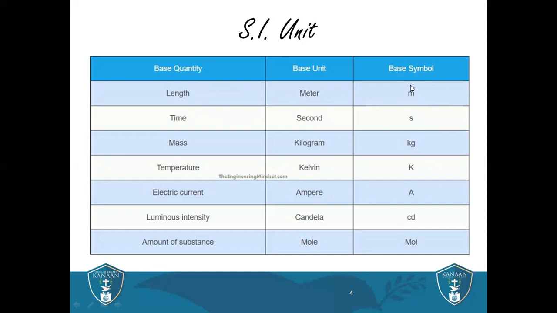That's why you need to focus on the capitalization and how each letter and each base unit pairs up. Meter is small m, second is s, and so on. These are called base quantities for a reason, because base quantities are the basis for something that we're going to discuss further on. Okay, we're going to the next slide.